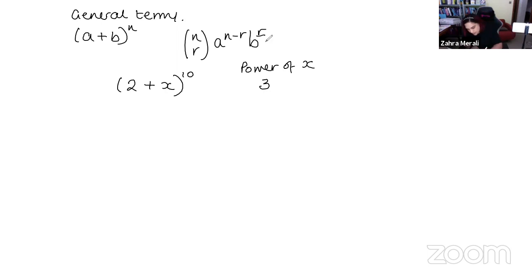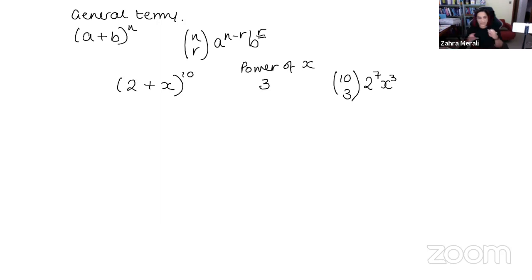So I want this r number here to be 3. So that means I'm going to have 10c3, 2 to the power of 7, x cubed, without having to go through and open it all out until you get to x cubed. So remember, the 2 powers will always add up to 10.